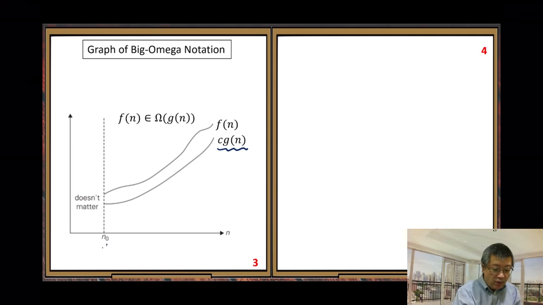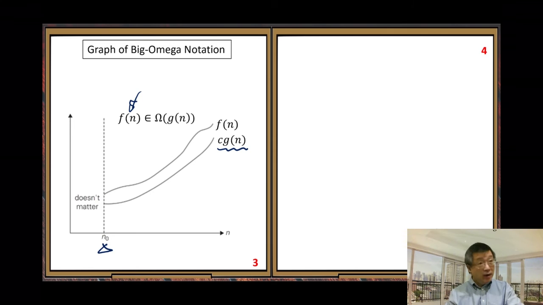So we have that sufficiently large condition for n0, for the problem size n. This n0 is used to describe the meaning of sufficiently large. All right, so that is the big omega notation.